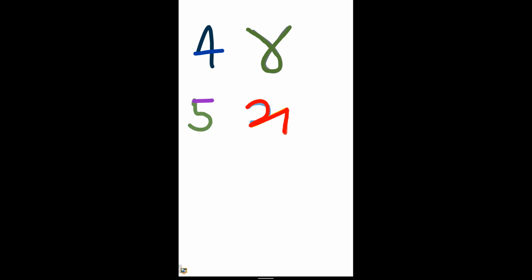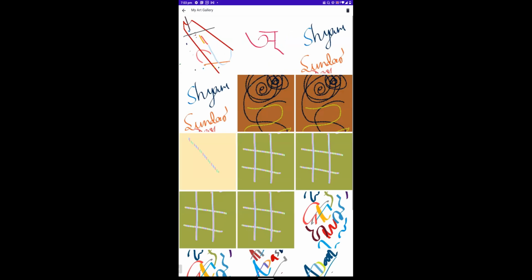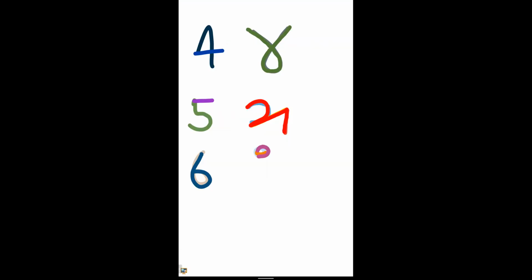And talking about the 6. So in the 6, a small circle, same circle, and then coming down. Again, you have a circle, a little curve, and there is a horizontal line. So please follow that.